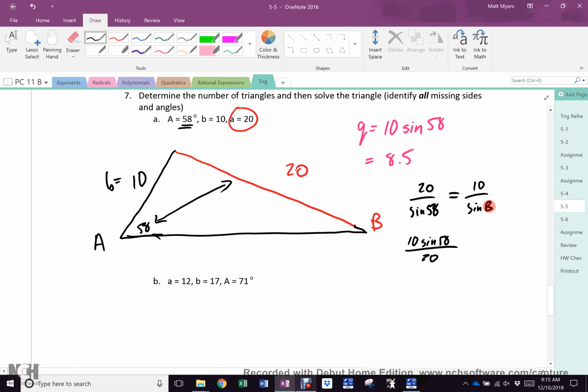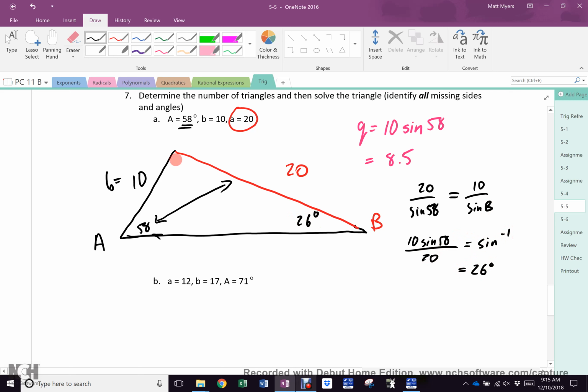And since I need an angle, I would have to shift sine that, right? Okay, that gets me this guy. What is he? 26.